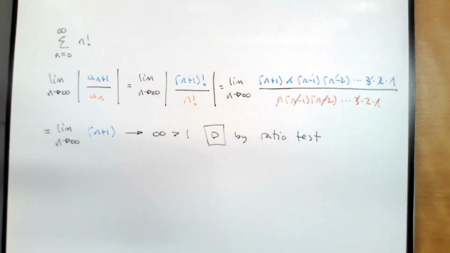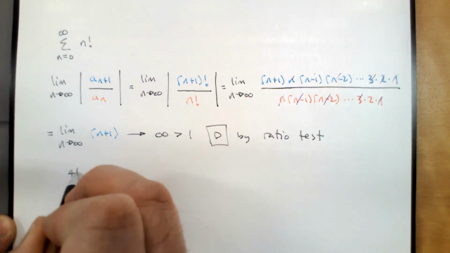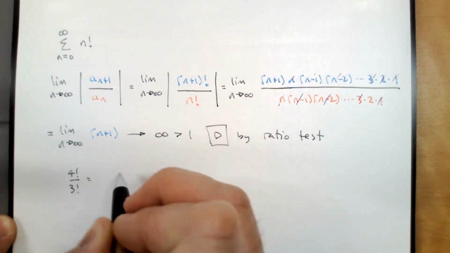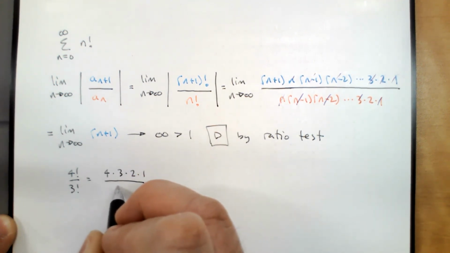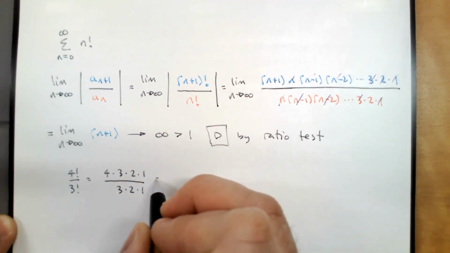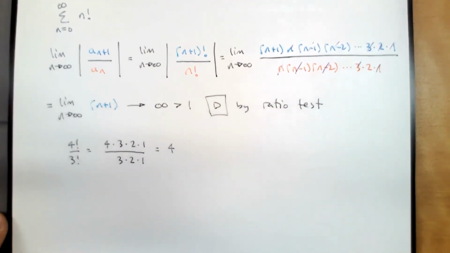But our goal here was not to determine if the series converges or diverges. Our goal was to think about how n plus 1 factorial and n factorial combine in a ratio test. If we think about it in terms of numbers, we're thinking about 4 factorial over 3 factorial. We use a smaller one. 4 factorial is 4 times 3 times 2 times 1. 3 factorial is 3 times 2 times 1. So we're just left with a 4.